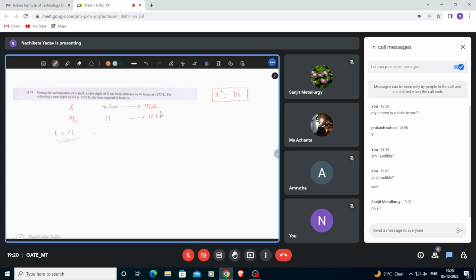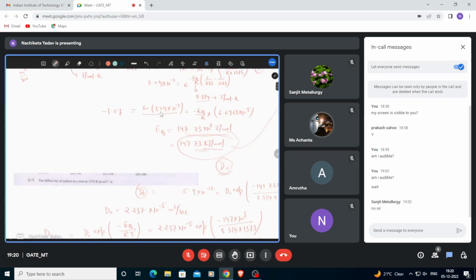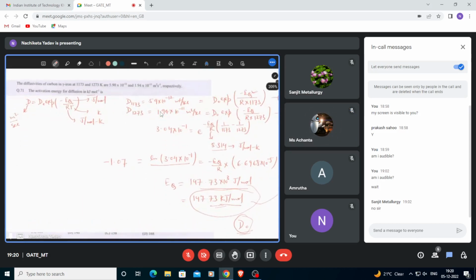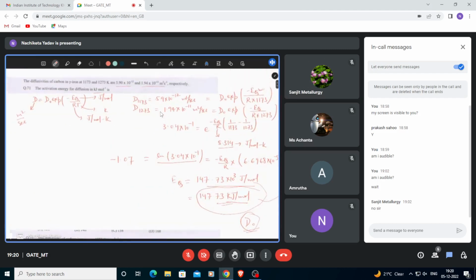Time. Okay, okay. Please note down this diffusivity of carbon in gamma. Yes, yes. Have you noted down, Achanta?